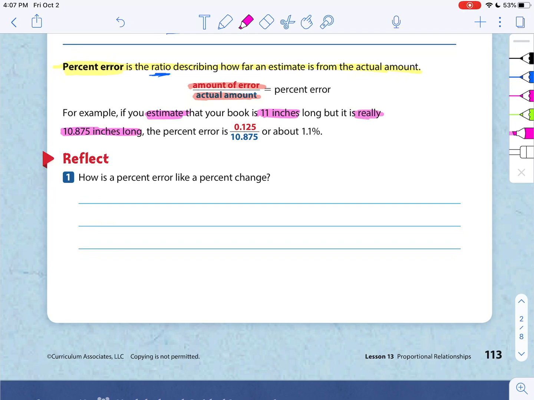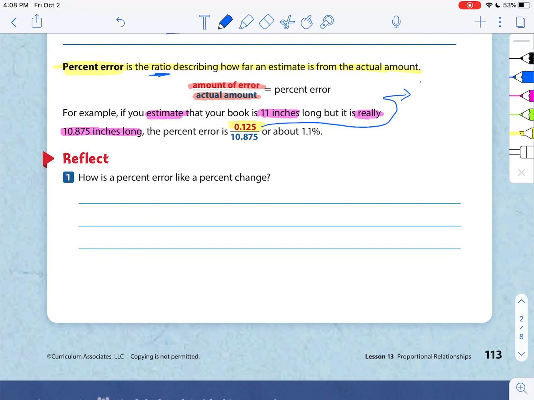The percent error, using that ratio, would be 0.125 over 10.875. Well, you might ask, where did you get that 0.125? I thought it would be 11. Remember that top number is the amount of error. So to get that amount of error, I'm going to come over here to the side.